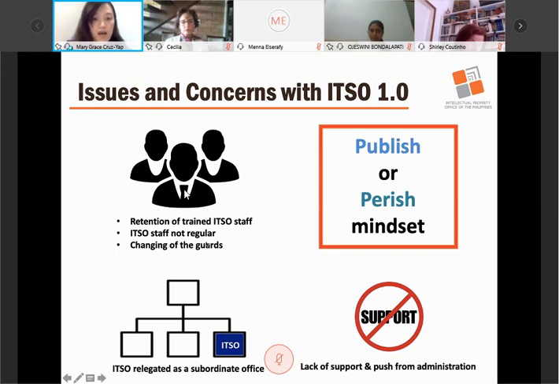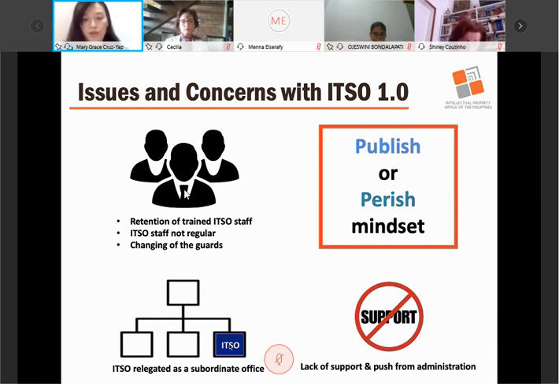There is a lack of support or push from the administration, because some of the university presidents we've found don't even know that an ITSO, the Innovation and Technology Support Office, exists within their structure. Partly because the ITSO has been relegated as a subordinate office of other programs.